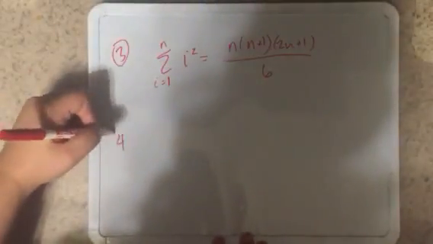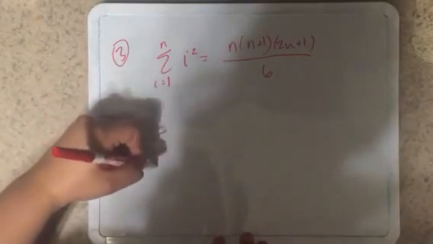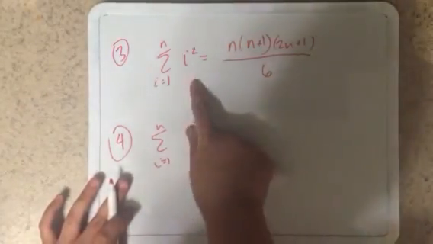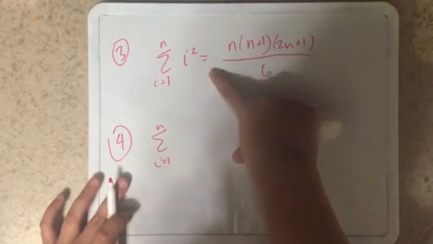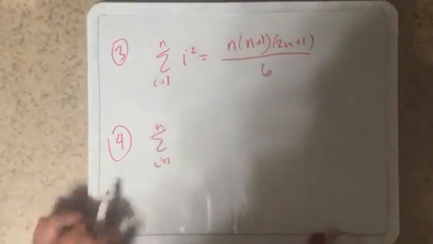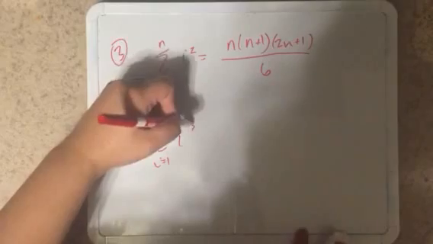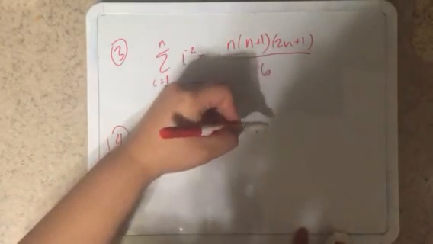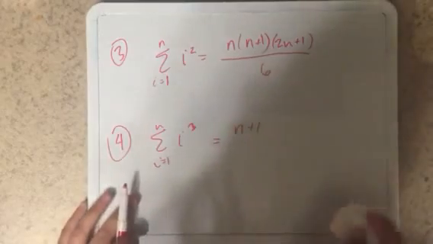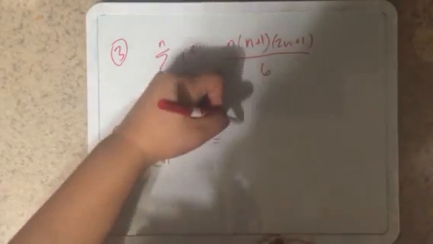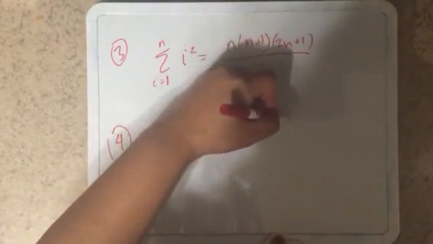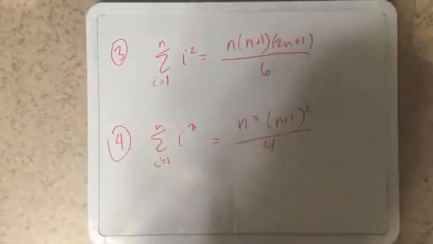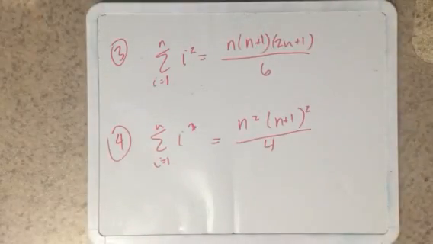And then the fourth summation formula, if you can see the pattern here, just like i, and i squared, this is i cubed, and it is n squared times n plus 1 squared all over 4. So that is your fourth summation formula.